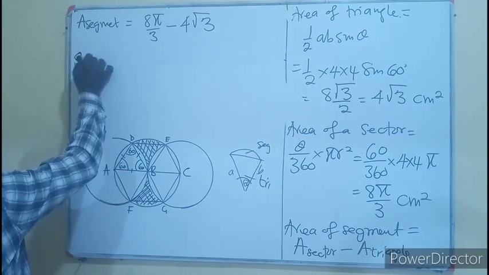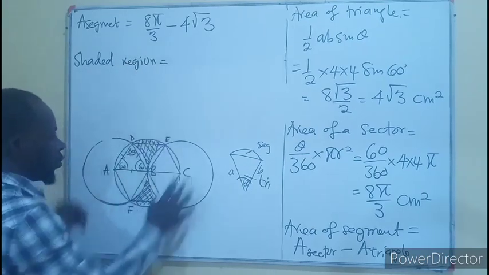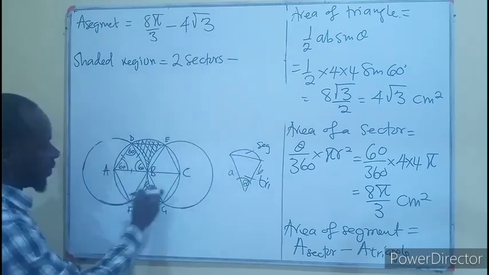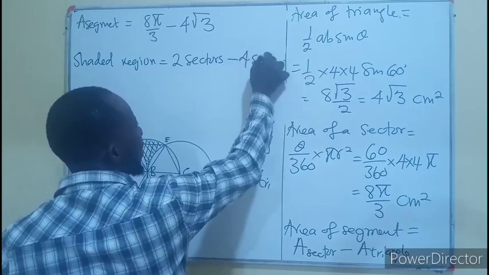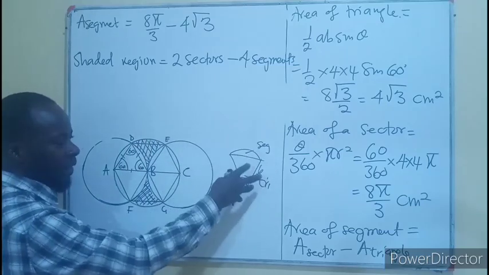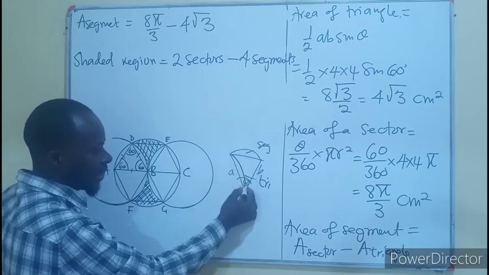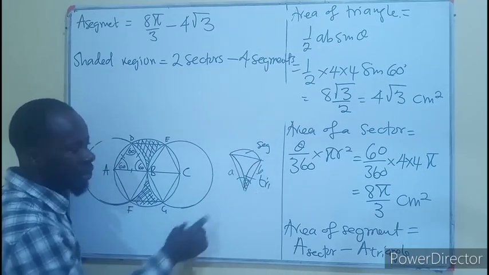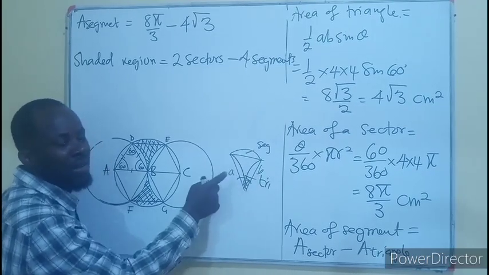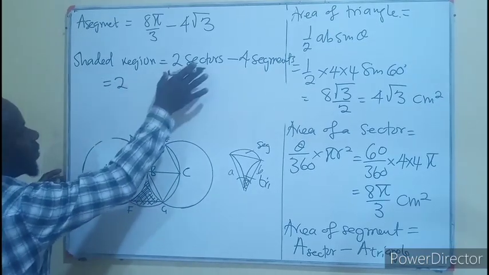So shaded region, or the area of shaded region, is going to be 2 of the sector or sectors minus 4 of the segment.